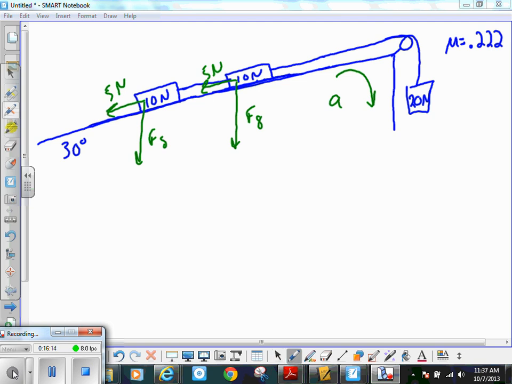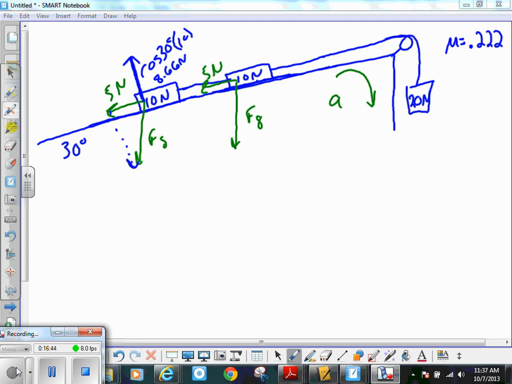Right? So keep in mind that the force normal is going to be coming out of this. Oh, that wasn't quite perpendicular, but it's coming out, pushing on the box from the surface of the ramp, and it's equal to but opposite of this part of gravity, which then becomes cosine 30 times 10, which is 8.66 newtons.